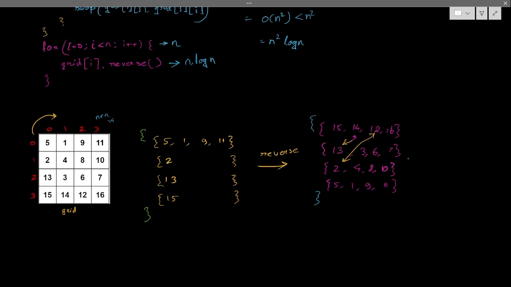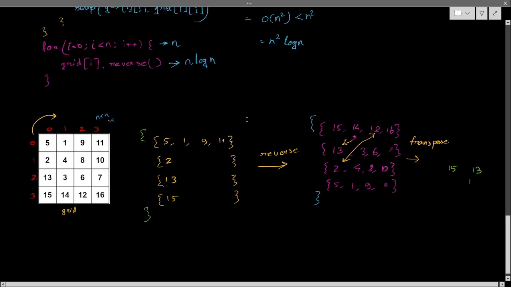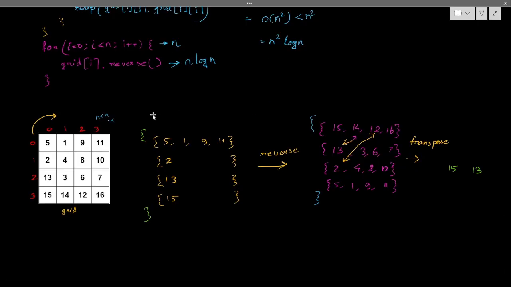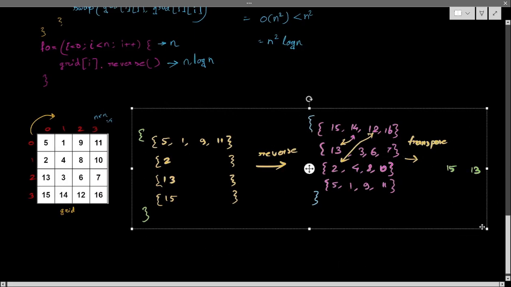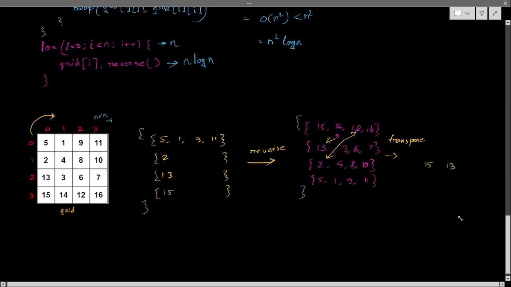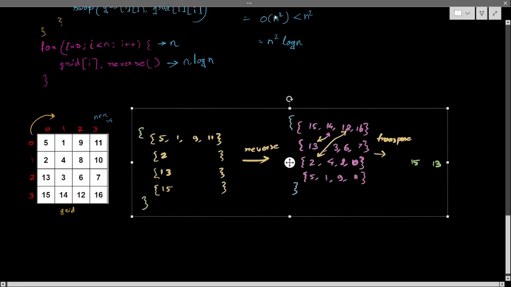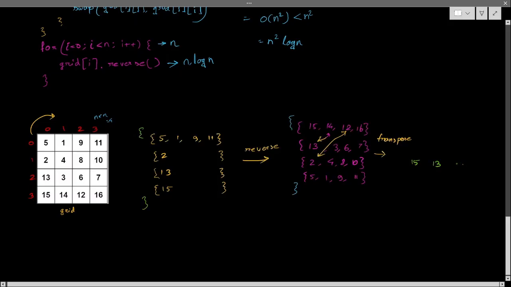If I do the transpose right now, what will my final outcome be? The 15 stays, 14 and 13 will be swapped, so 13, 14 are swapped, and 3 goes there.